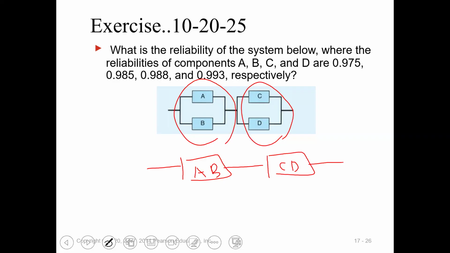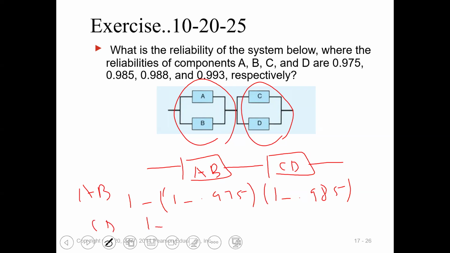For A and B, they are in parallel. We said in parallel, it is 1 minus the reliability of A, 1 minus 0.975, times 1 minus the reliability of B, 0.985. This I will call AB. Then I do the same thing for CD: 1 minus 0.988 times 1 minus 0.993.